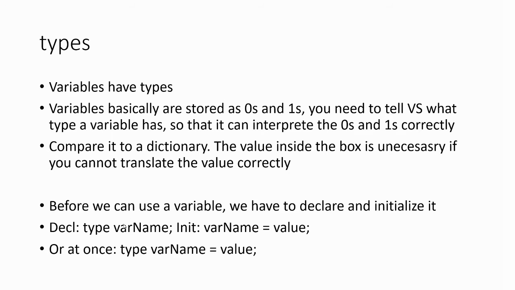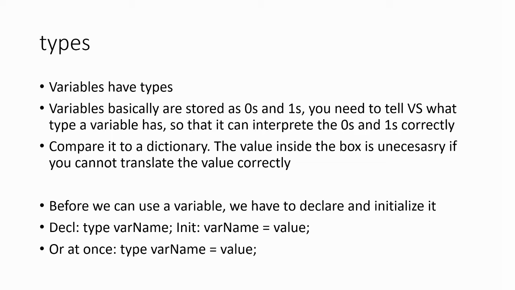For example, integer, this is a whole number, so you don't have 1.0 or 1.01. You just have 1, 2, 3, just whole numbers without fractions. Okay, so we just say type integer, also int, space, and then var name, age: int age.